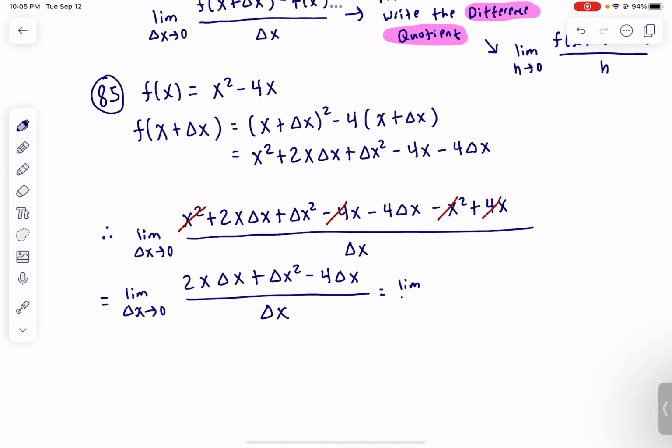Limit as delta x approaches 0 of factor out the delta x, one of them, and you have 2x plus delta x minus 4 all over delta x. And then similarly, you will notice that these delta x's will cancel out.